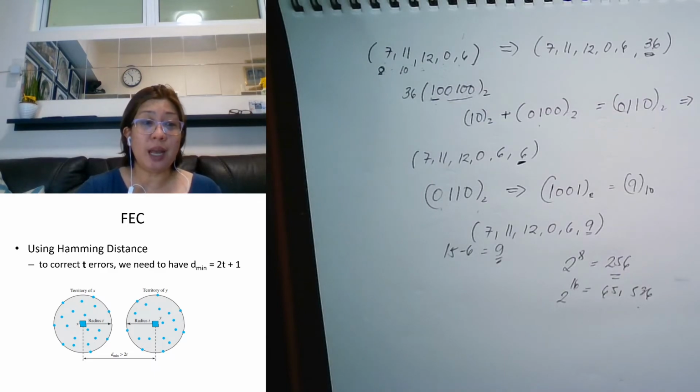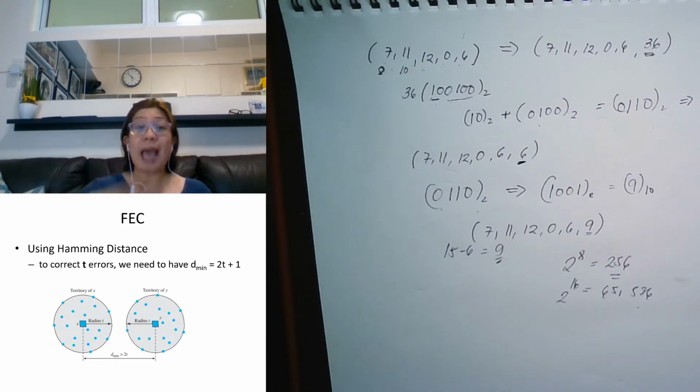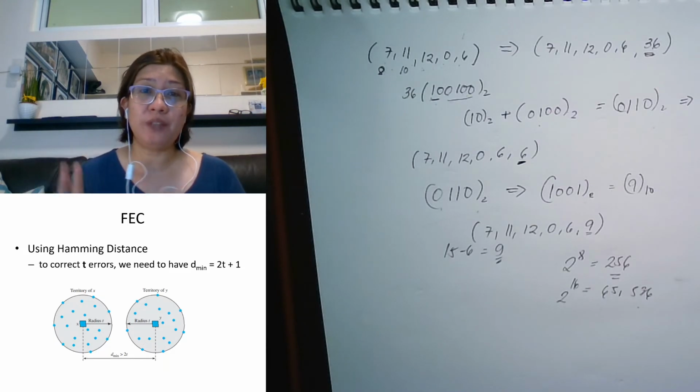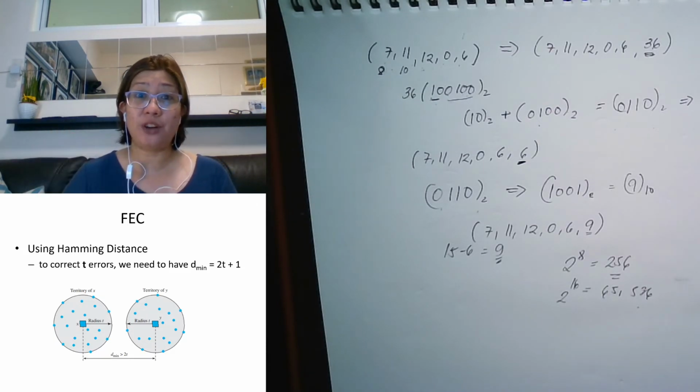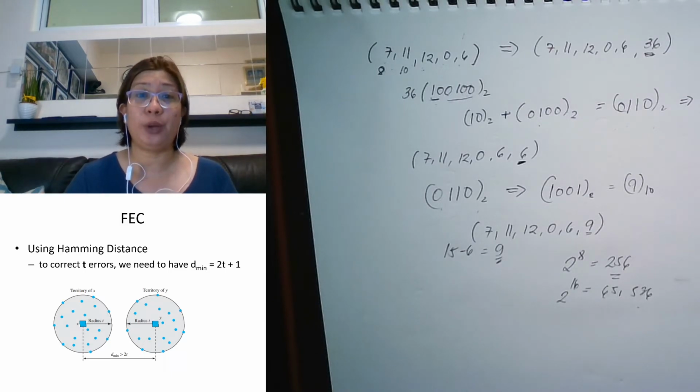The first is the Hamming distance. We have already discussed Hamming distance as an error detection, but can we use Hamming distance as an error correction?